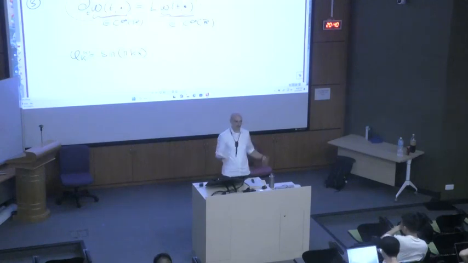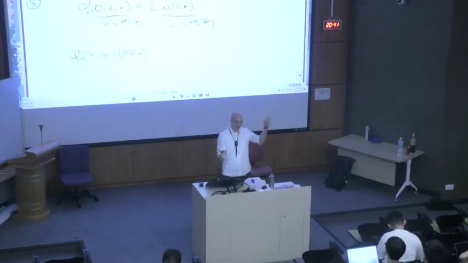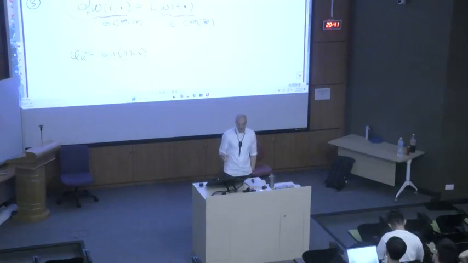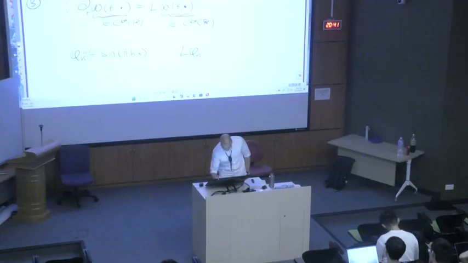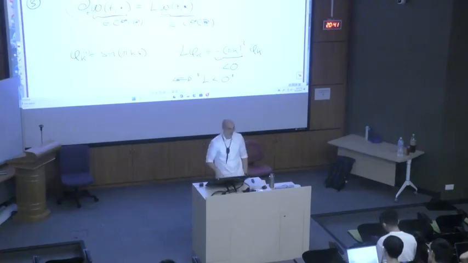Those are the analogs of unit vectors in Euclidean spaces, like 1, 0, 0, 0, or 0, 1, 0, 0. If you compute the Laplace of phi_k, that's just minus pi squared k squared phi_k. This is negative, so this is equivalent to L being negative.